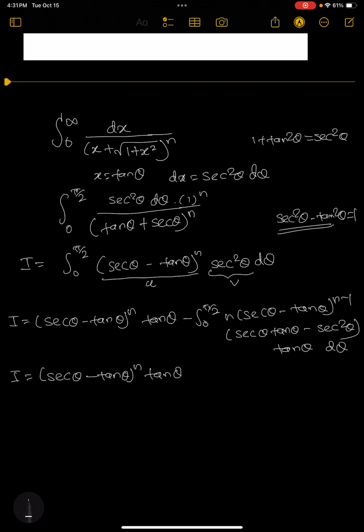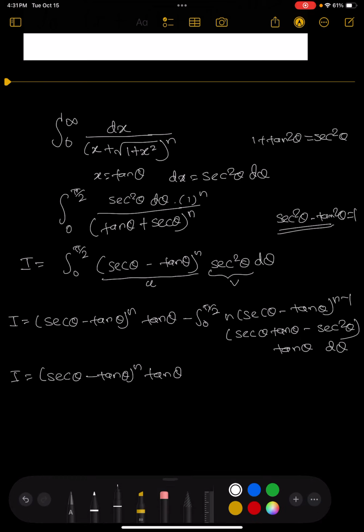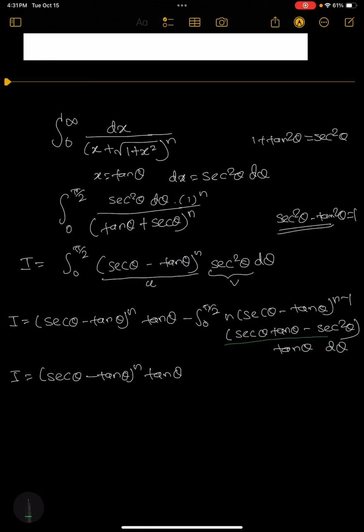Over here, notice that I will write plus, because I basically want to take minus sec theta common from here. Let me show you the reason. From here I will basically take minus sec theta common, so that we will have sec theta minus tan theta, which I can multiply over here.